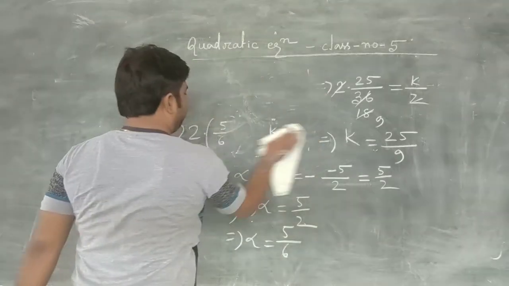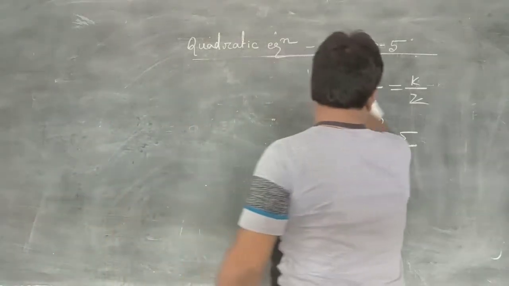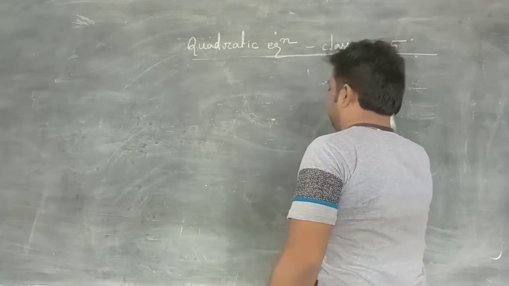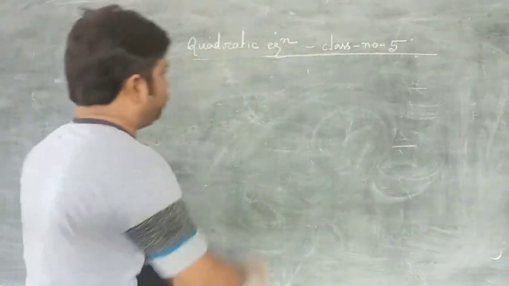So again I am repeating, if you want to solve these questions, you have to know the cross multiplication method. So first let us write the two quadratic equations. Question number 4.2.